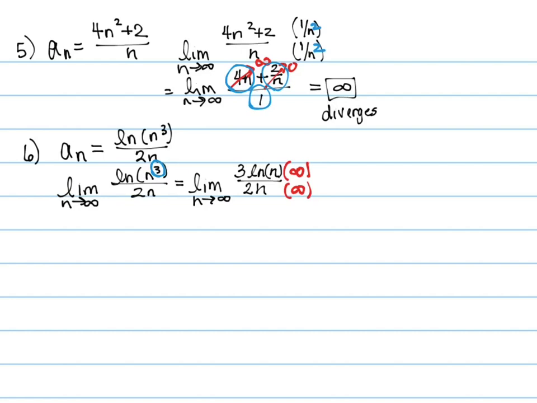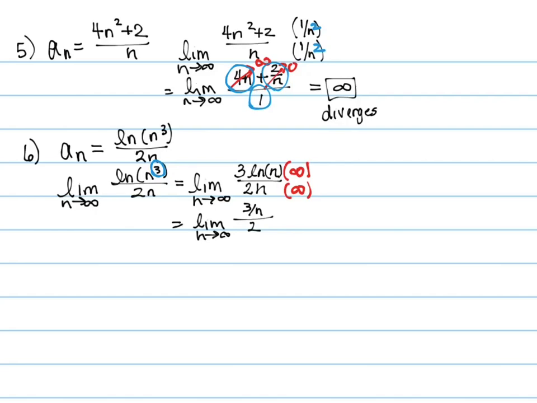So if we use L'Hopital's rule and take derivatives, what do we get? What's the derivative of 3 times the natural log of n? It is 3 over n. What's the derivative of 2n? 2. So I actually have a constant in the denominator now, so I wouldn't be needing L'Hopital's rule again because there's no infinities left, at least not on one part of it.